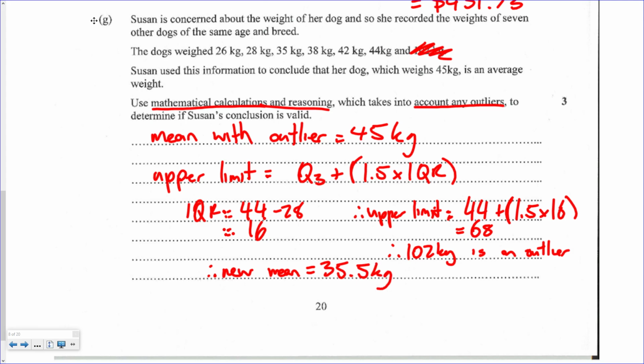Like I said, we've taken away this massive dog. That's going to bring down the average quite a fair bit. So therefore, Susan's dog is above average, and therefore, we can say that her conclusion isn't valid because her dog is nearly 10 kilograms higher than the average, so not very healthy.